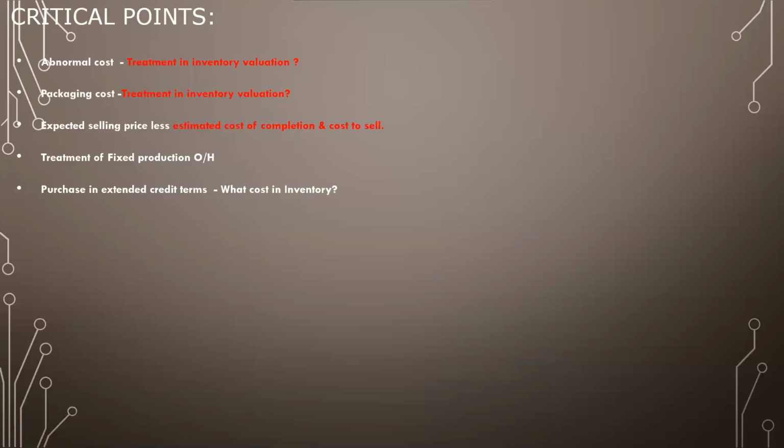Now, the next point is important. There may be a situation where we buy from a particular vendor on extended credit terms. In a regular market, you get that product on 30 days' terms, but a particular vendor is giving you 60 days' terms. Now, for this extra 30 days of credit, there is obviously a cost involved.